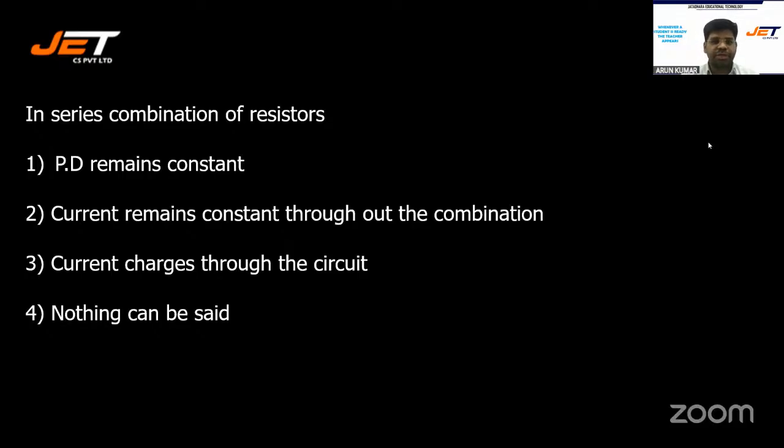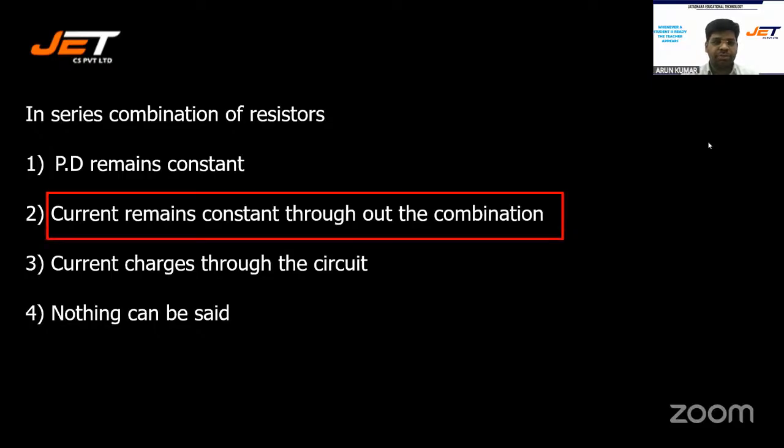But in series combination, current through each resistor is same. All right. So it's option 2. Sherry is correct. Rehan is correct. Venkatesh is correct. All right. Let's go for the next one.